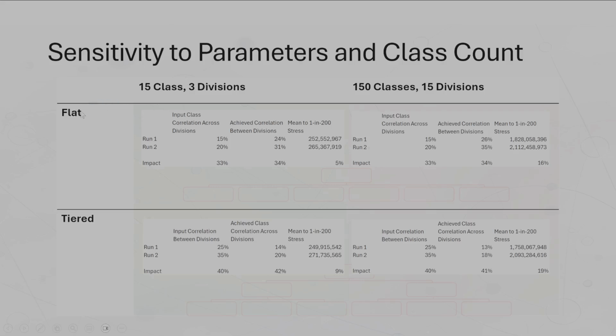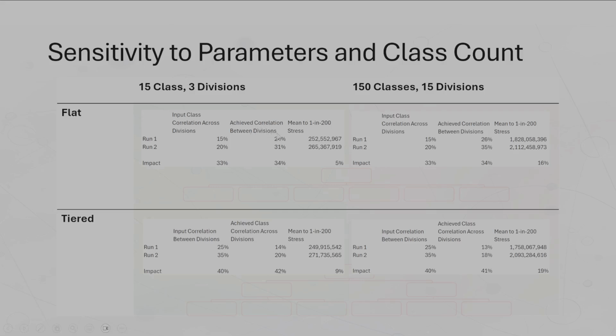So in the flat method, in run 1, we're controlling the 15% correlation. This is the input correlation between classes, but going across divisions. So in run 1, we have the 15% assumption going up to the 20% assumption. And we're looking at what we are getting out as results. We're looking at 2 results. We're looking at the achieved correlation between the divisions.